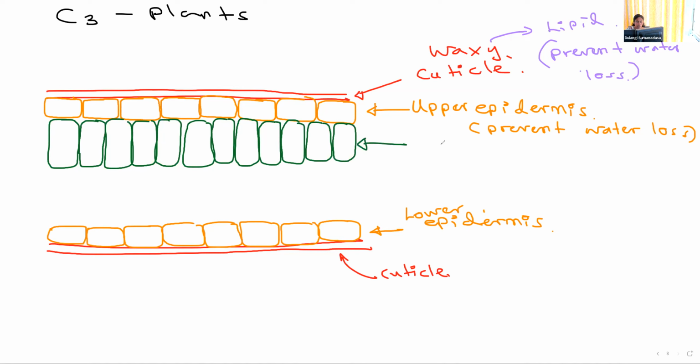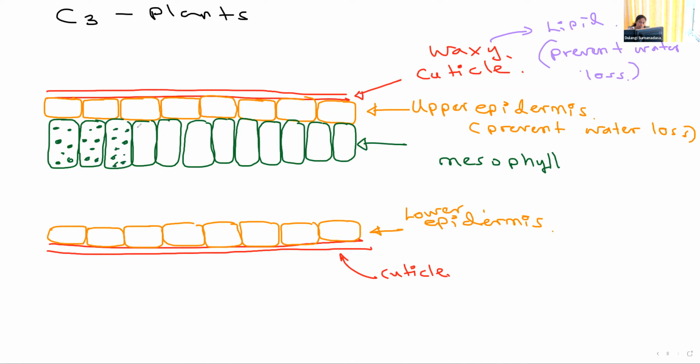So these cells are known as the mesophyll cells. And they're going to have chloroplast. This is very important. You have to know this to understand next week's lesson. You have to know where the chloroplasts are, right?